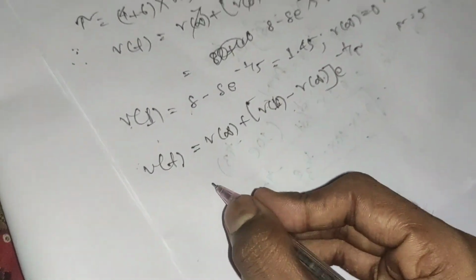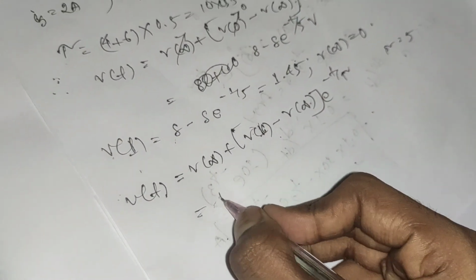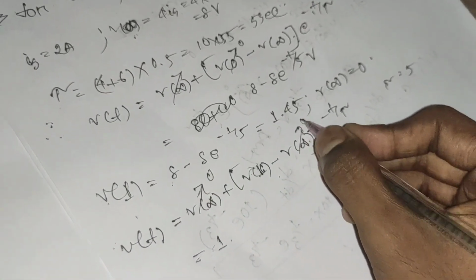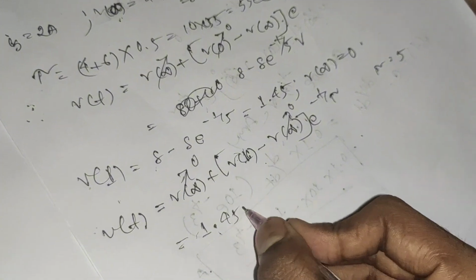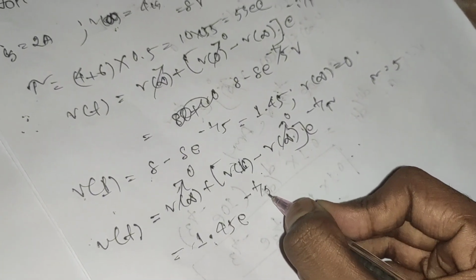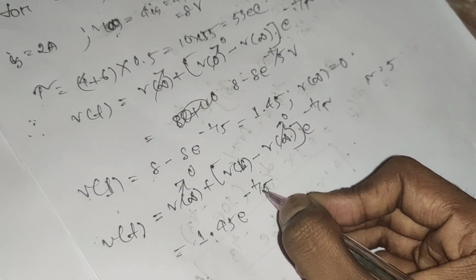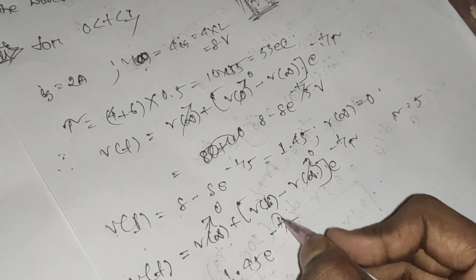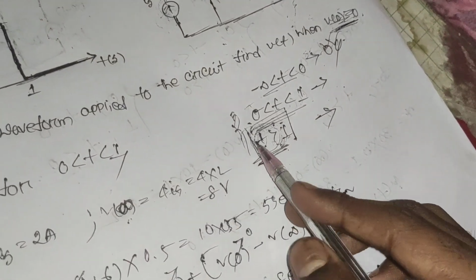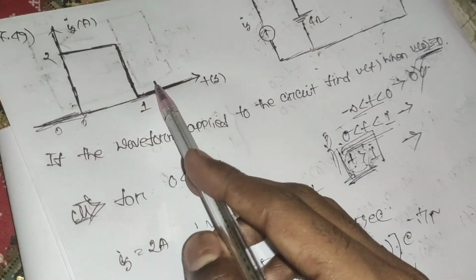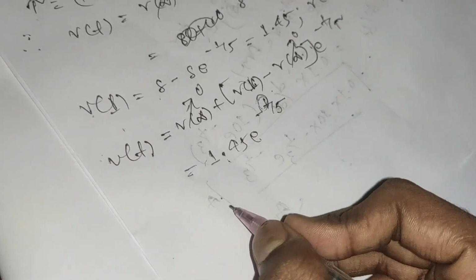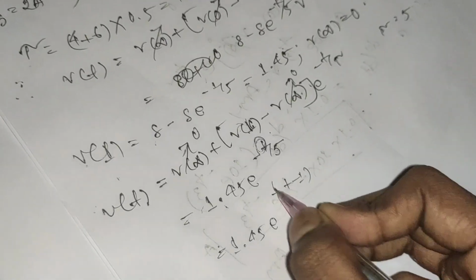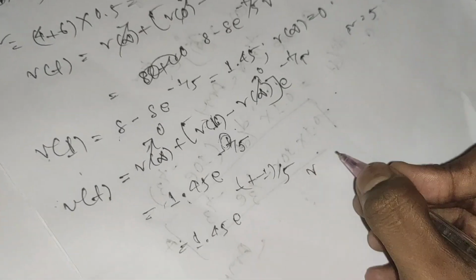V0 is the initial voltage for this range, which equals V1. Since V infinity equals 0, it will be 1.45 e to the power minus t by 5. But there's a catch, we can't write this as t because we are calculating for the range t greater than 1. For this range, we have to replace t with t minus 1, so it is 1.45 e to the power minus t minus 1 divided by 5. This is the voltage answer.